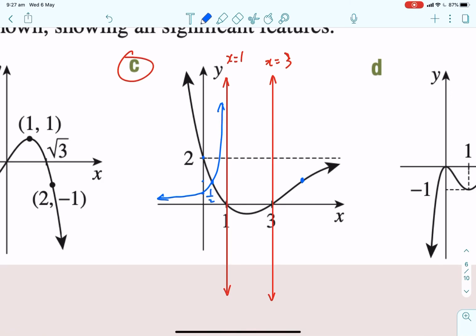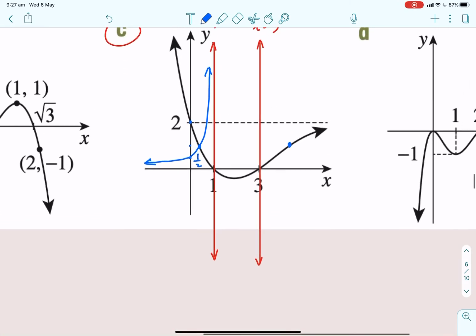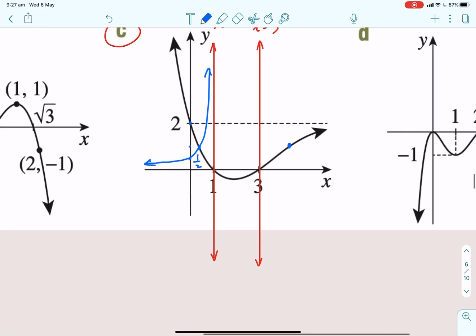Now the middle part. This is interesting because if -1 is here, this is between -1 and 0. So if it's 1 over something that is between -1 and 0, it would be negative something. So it would be somewhere up here.